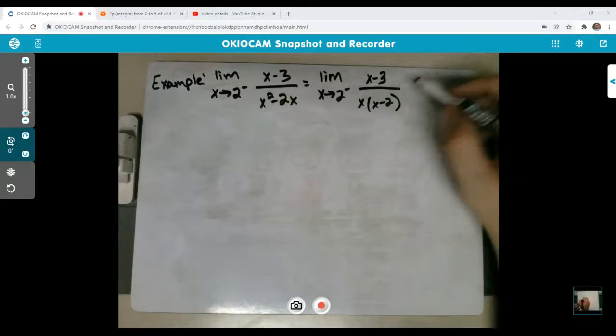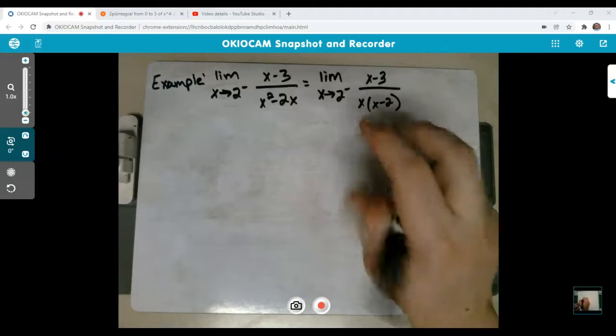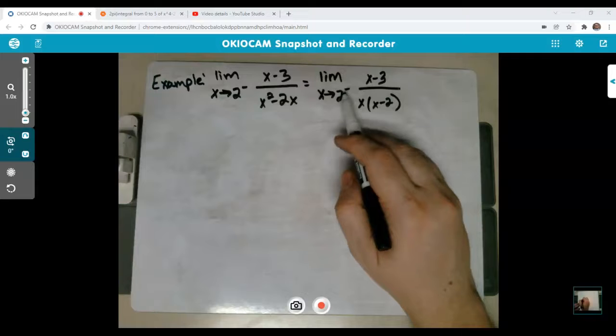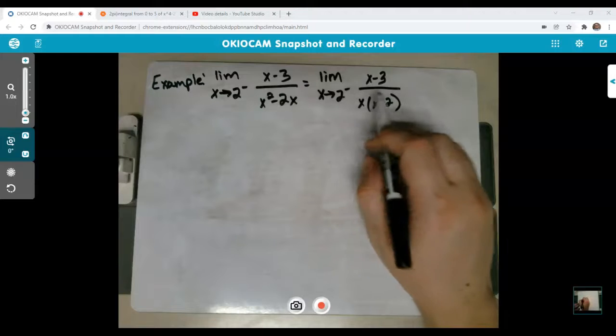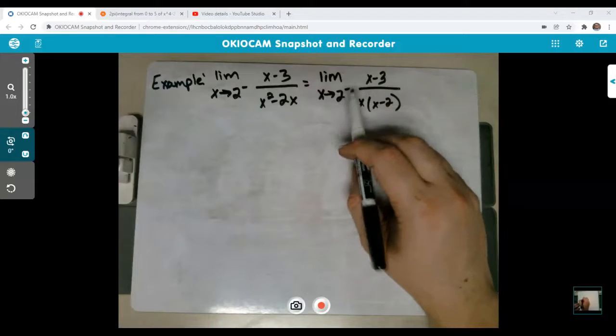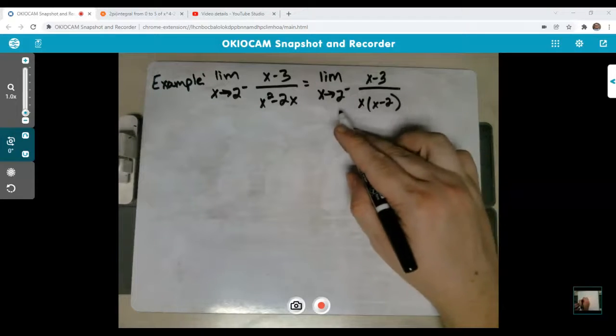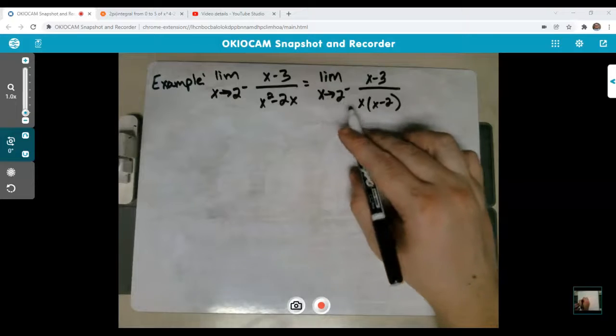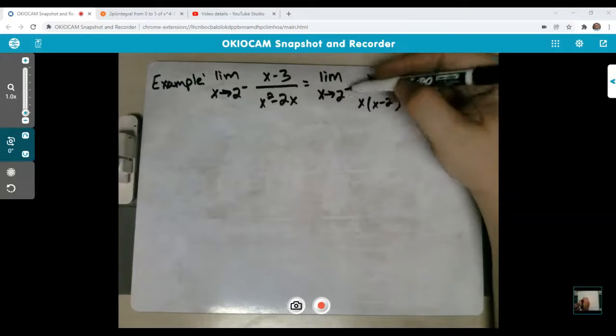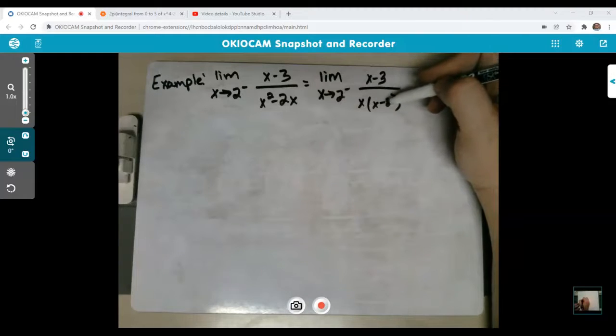So what I'm going to do is I'm actually going to split this into 2. Since I'm trying to plug in a 2, the factor that will screw that up is if I plugged in a 2 into x minus 2, right?